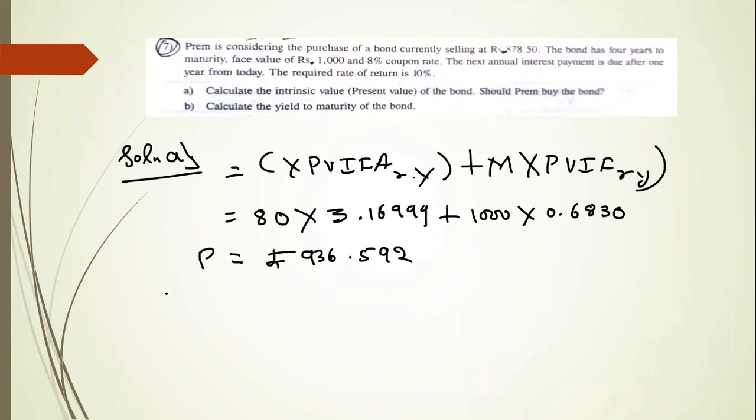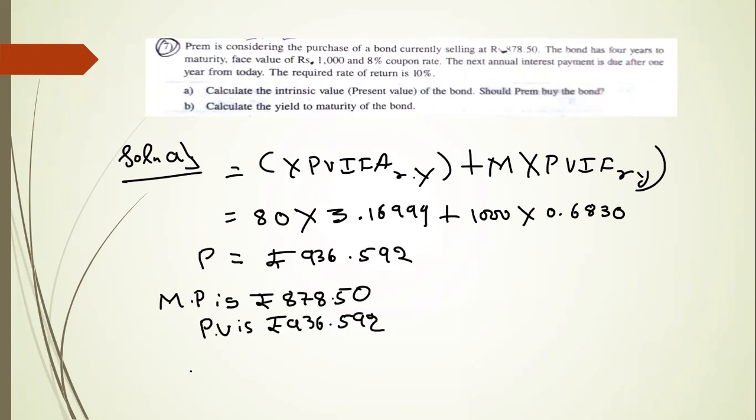So we can comment: market price is rupees 878.50, and the present value is rupees 936.592. So Prem should buy the bond.